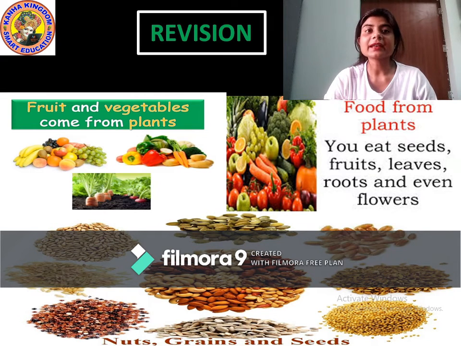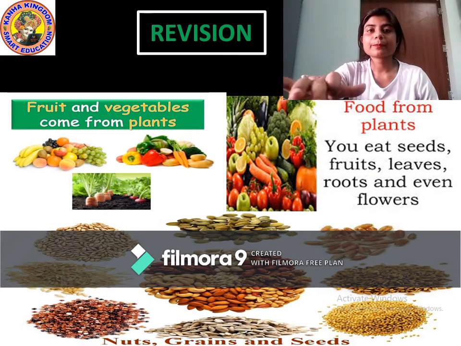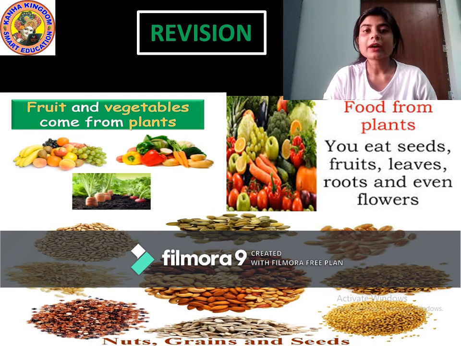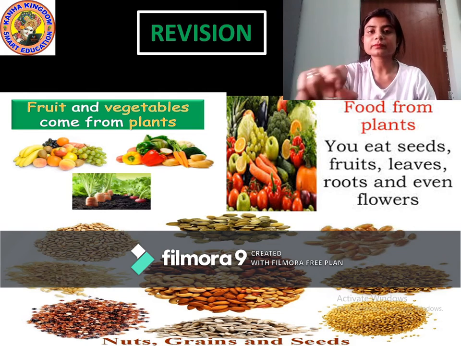Then the vegetables that we eat are also obtained from plants, and we eat different parts of plants as vegetables.